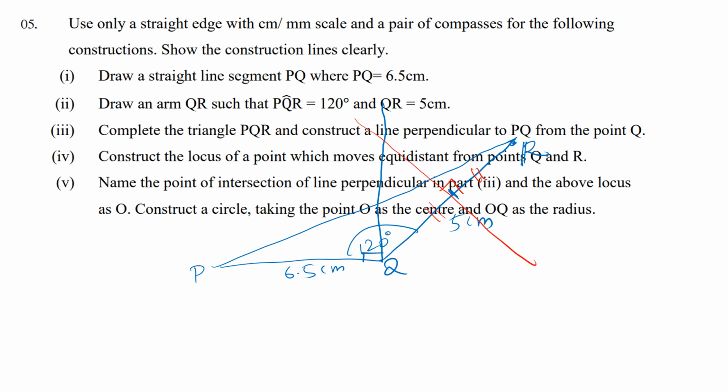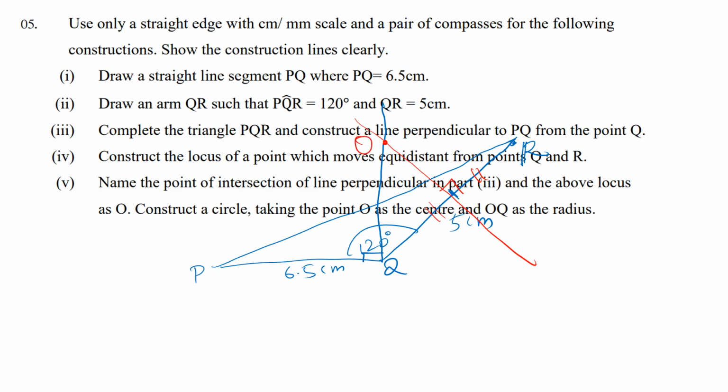Right, then name the point of intersection of the line perpendicular in part 3 and the above locus. So this is the point, so you have to name it O. So this is the O, right?